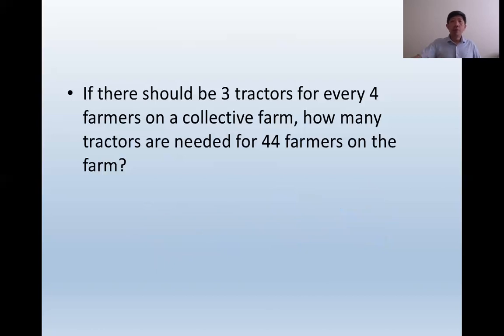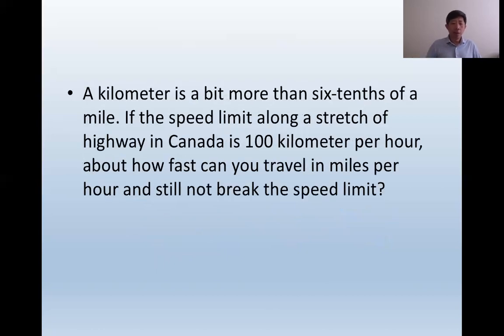Now here, another problem. A kilometer is a bit more than 6/10 of a mile. If the speed limit along a stretch of highway in Canada is 100 km/h, about how fast can you travel in miles per hour and still not break the speed limit? All right.